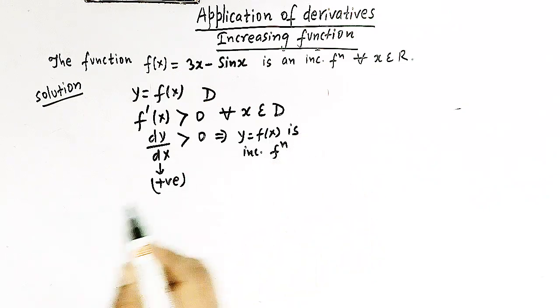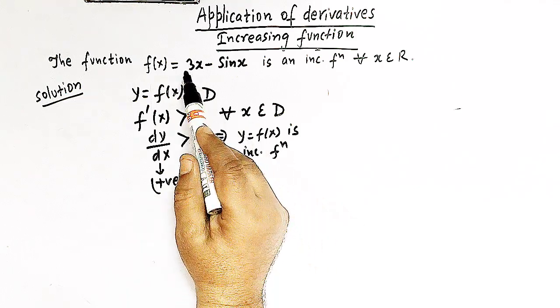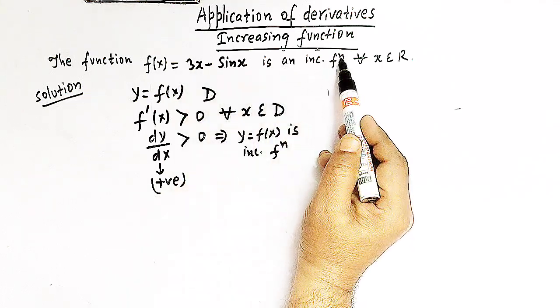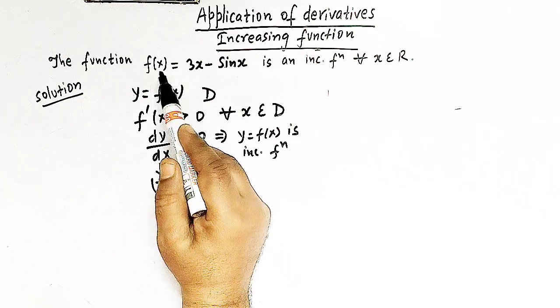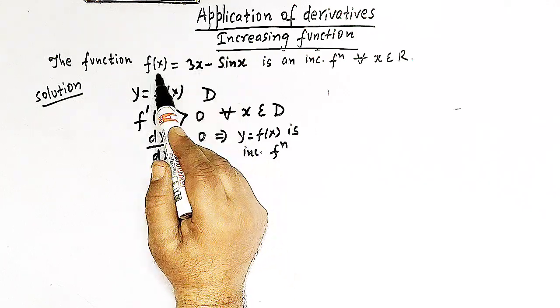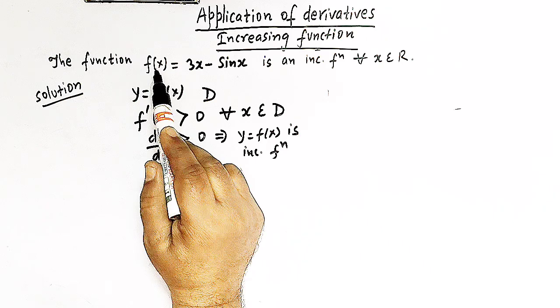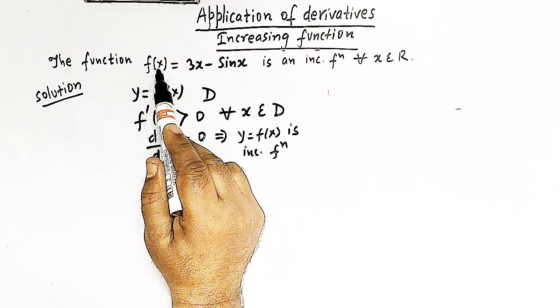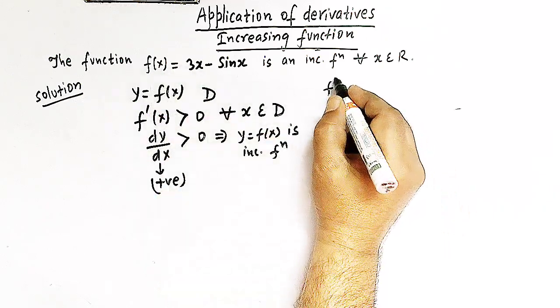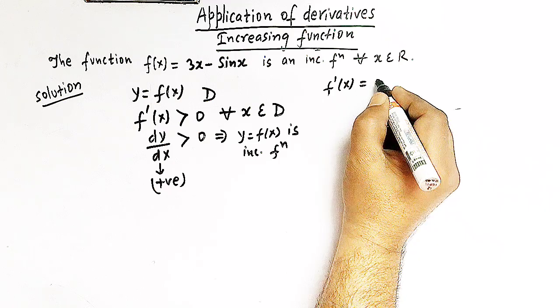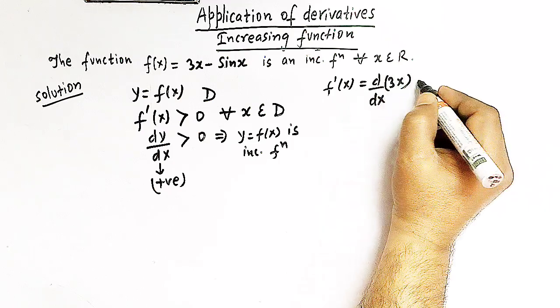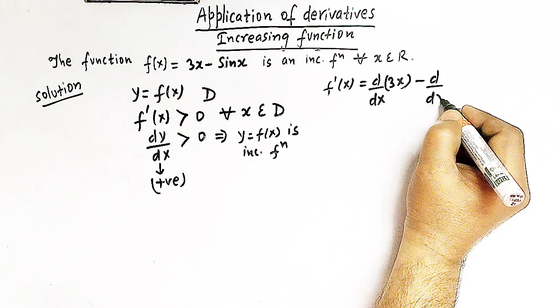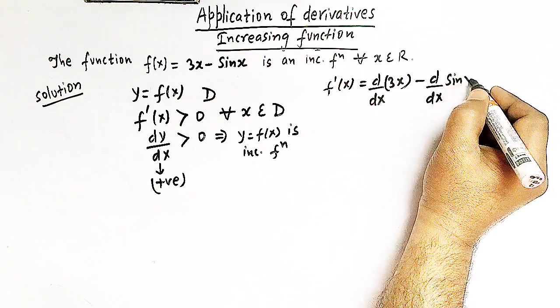So here we will prove this function to be an increasing function using this definition, right? So let us here find out the derivative of f of x, right? So f prime of x is given by d by dx of 3x, and then we have d by dx of sine x.